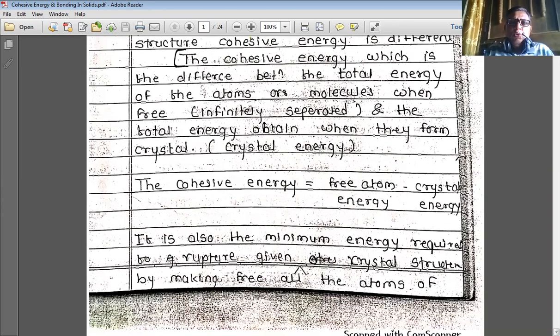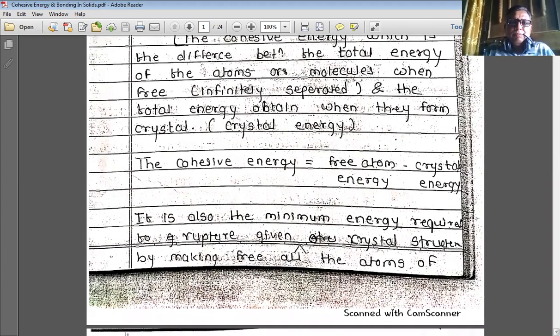So the cohesive energy is equal to the free atom energy minus the crystal energy.